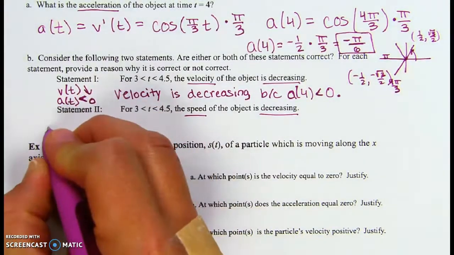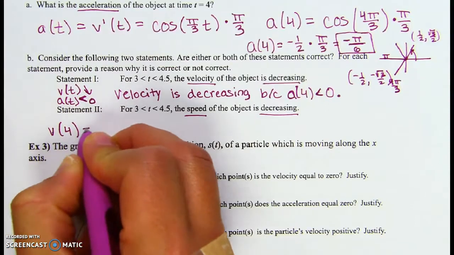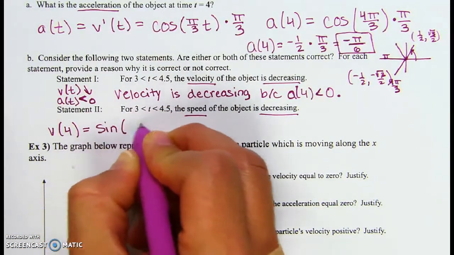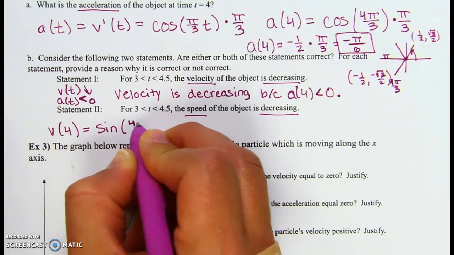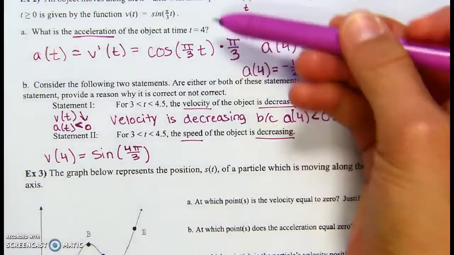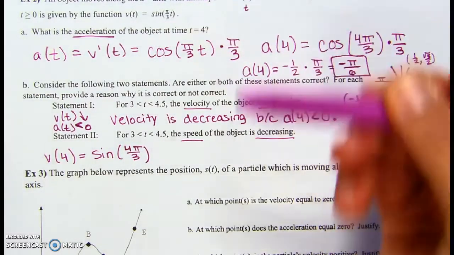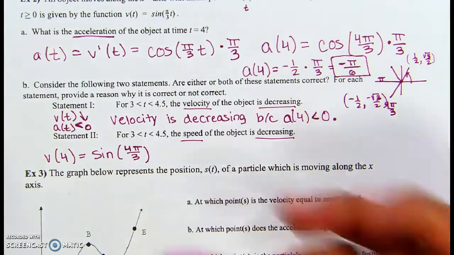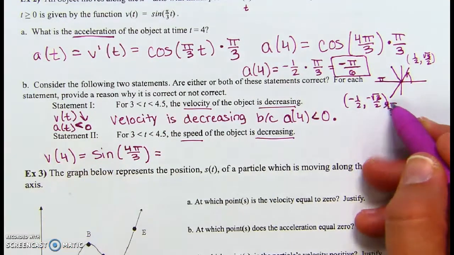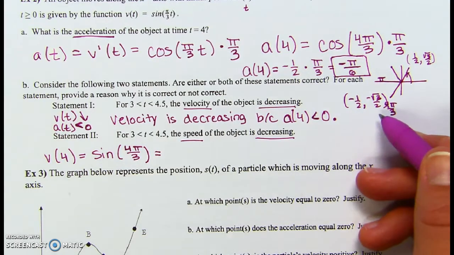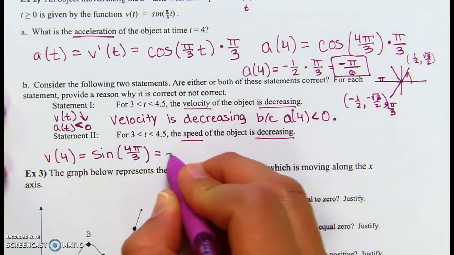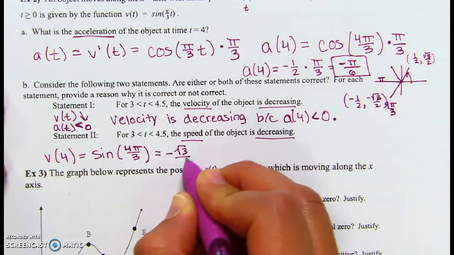Okay, so find v of 4 by plugging in 4 into the velocity function. That's the original up in the question here. But don't we already have this coordinate point? And do we even need to know what it is, or we just need to know that it's negative? The y value at 4 pi over 3 is negative 3 square root 3 over 2.